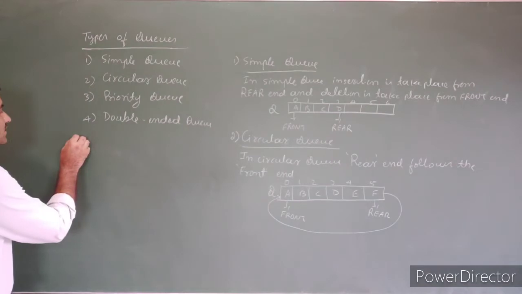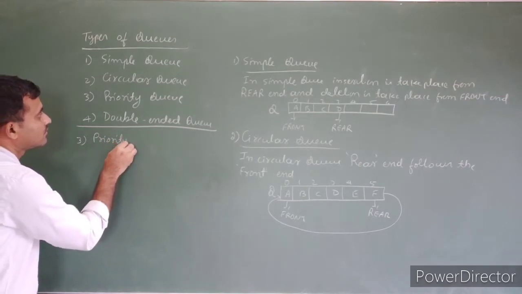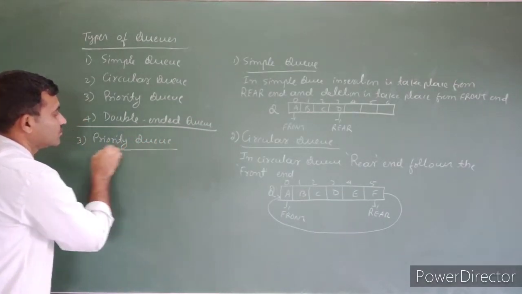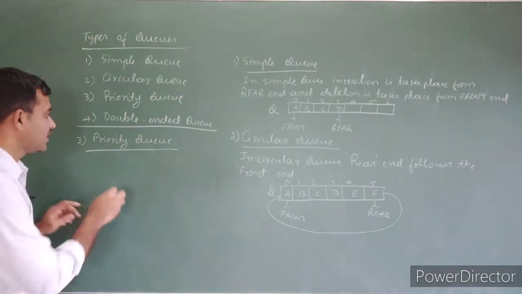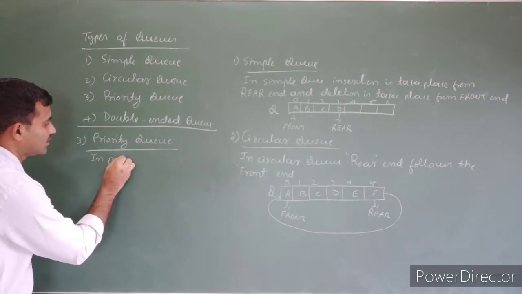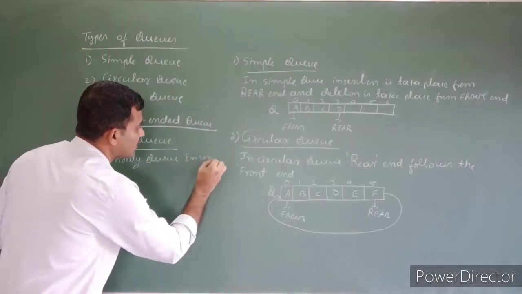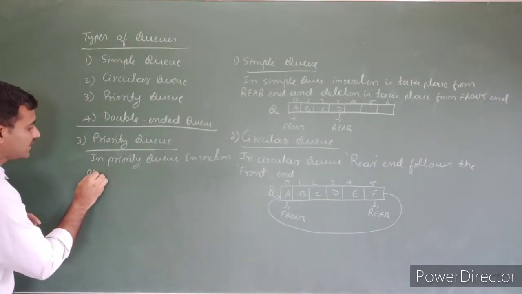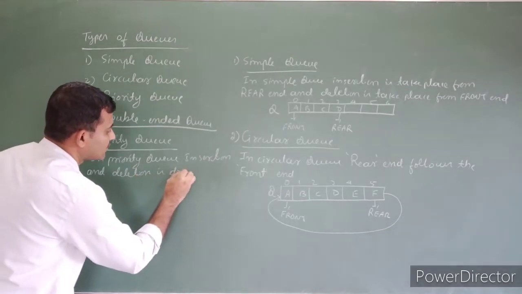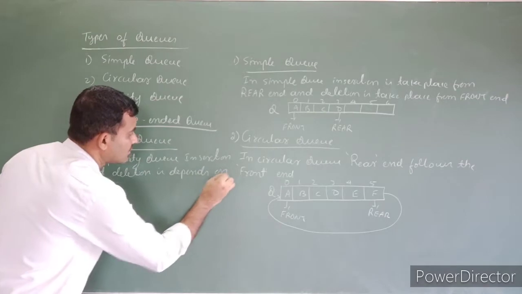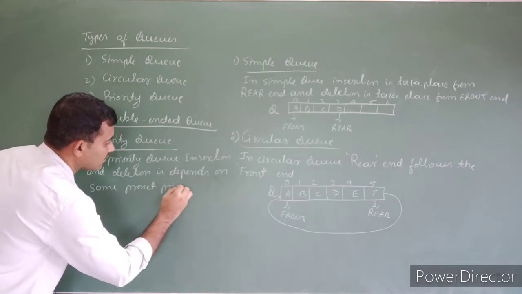Then, the third one is priority queue. In a priority queue, insertion and deletion depend on some preset priority.